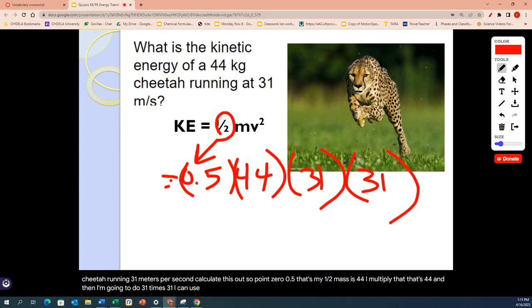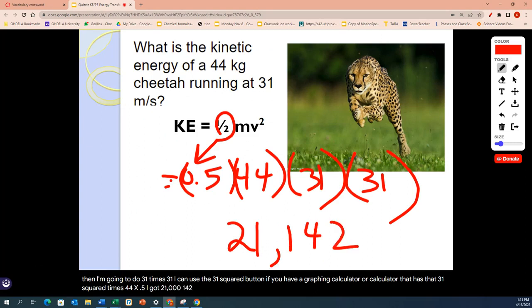I can use the 31 squared button if you have a calculator that has that. 31 squared times 44 times 0.5. I got 21,142 joules.